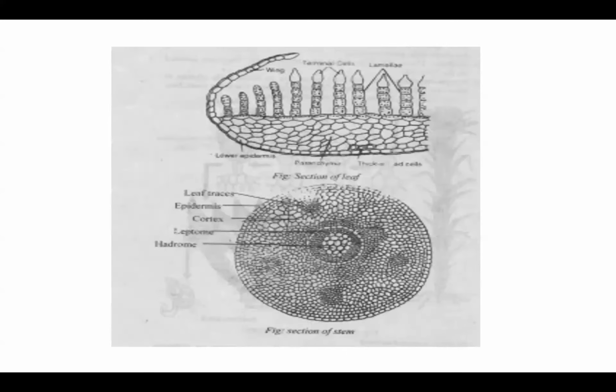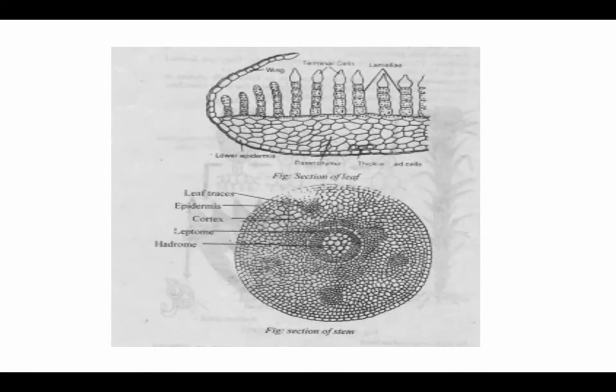Then it ends with a single-layered endodermis-like structure. Inside the endodermis, you will see a single pericycle region. From the pericycle onwards, the vascular tissue-like parts are present. Inside the pericycle, you will see xylem and phloem-like tissue.